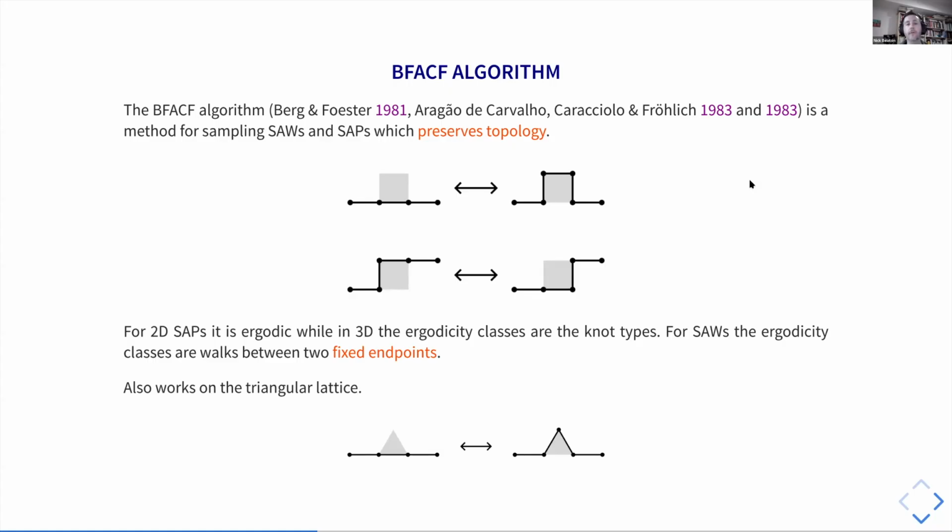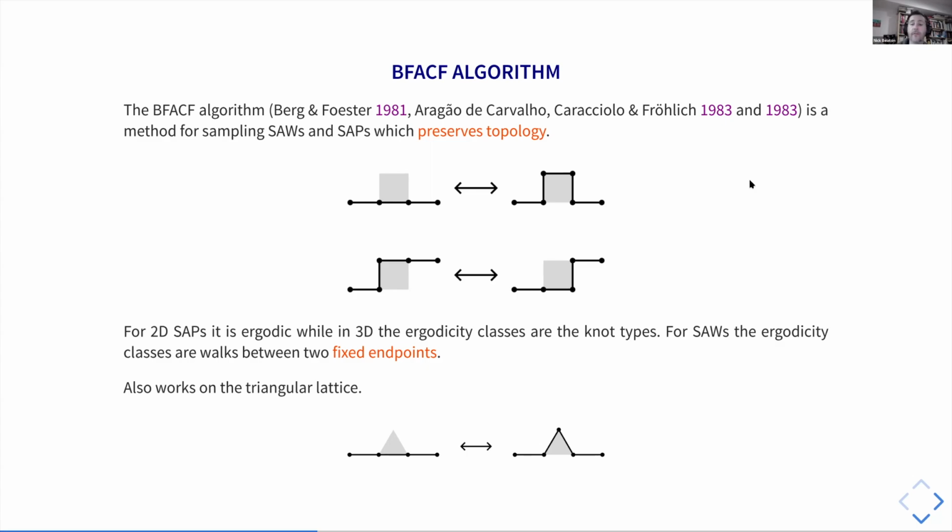The idea is that it's a method for sampling self-avoiding walks and polygons, which preserves topology. It does that by performing very small local moves. It's not like the pivot algorithm, if you know what that is, where I take a self-avoiding walk and move a very large chunk of it, or I take a polygon, take a large piece of it and perform some sort of symmetry move on the lattice.